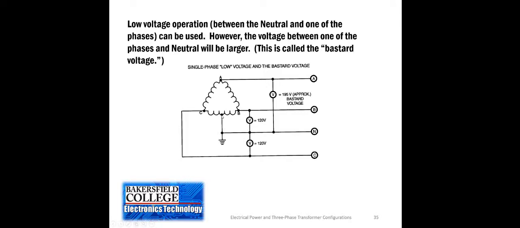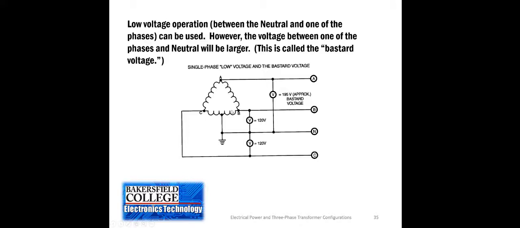But if I go between the center tap and a different tap, let's say I go between neutral and A, then I would have a magnetism across this coil, and that's going to give me a certain voltage across it.